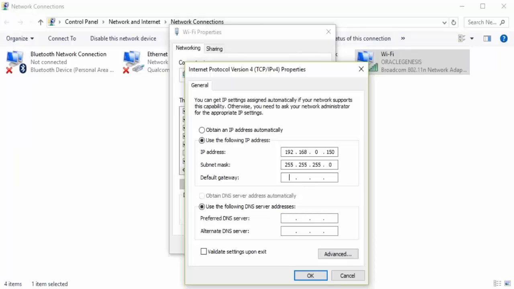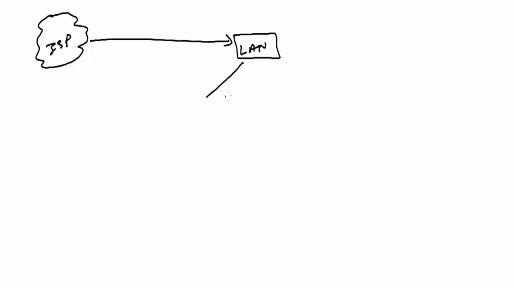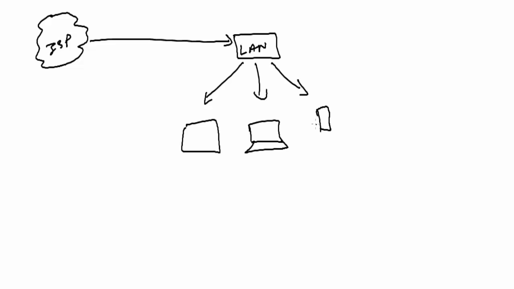The default gateway. We have the ISP, the Internet Service Provider. The ISP gives the internet line at home, which comes to the LAN, and the LAN will distribute the network to different devices. So we have a tablet, a laptop, and a mobile phone. Whenever these devices try to connect to the internet, they cannot directly talk to the ISP, because the route to the ISP goes through your LAN.